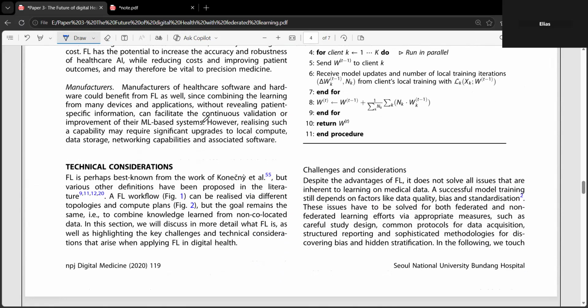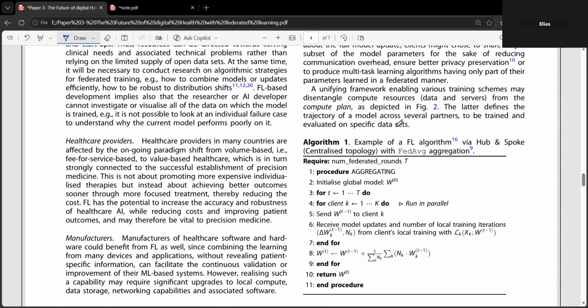They mainly talk about some considerations, and also the centralized repository, where they consider K clients. They send the weights from the server to the client, and then each client updates the weights and returns them.